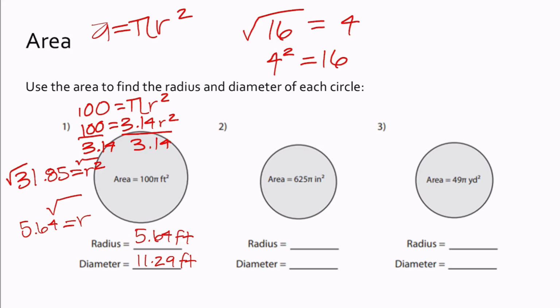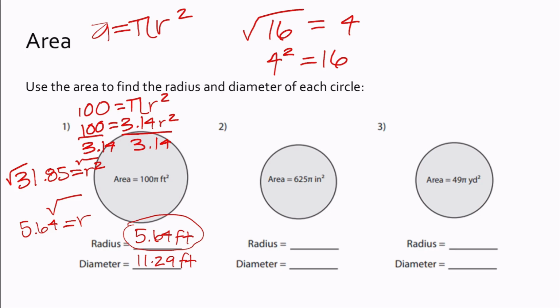And if you're doing this and you feel like maybe you're not doing it right, you can take your answer, so let's say our answer is 5.64, and I know that to find the area, I can square that and then multiply it by pi.